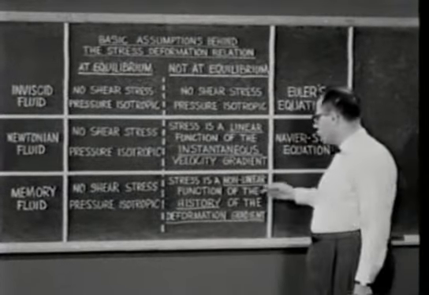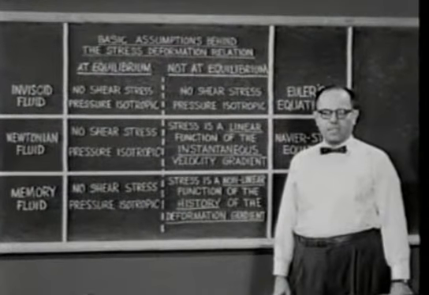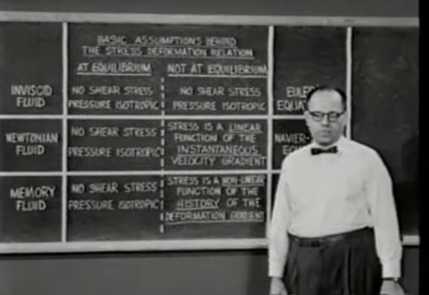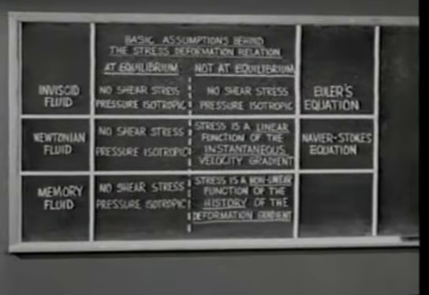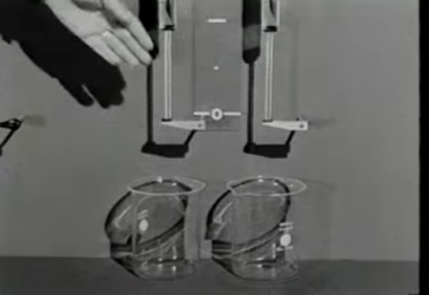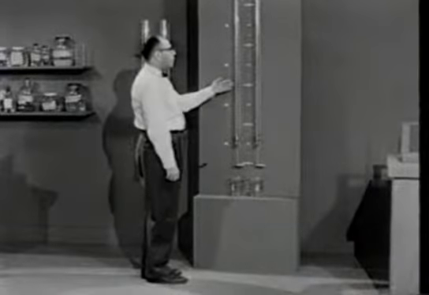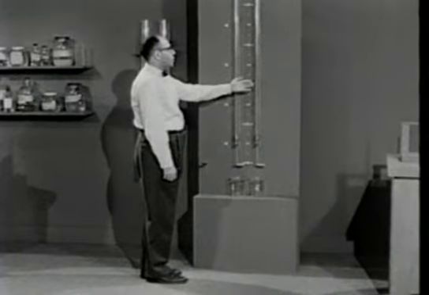To illustrate nonlinear behavior, we shall do experiments in which the time-dependent characteristics of the fluids are negligible. Here we have two identical reservoirs with two identical outlet tubes. One contains a Newtonian fluid, the other a non-Newtonian.